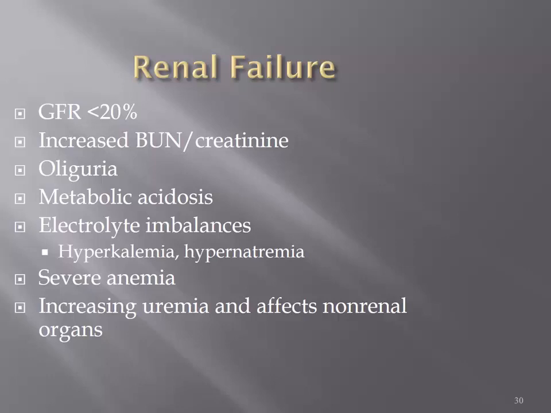Erythropoietin shots, subcutaneous shots, will be very, very helpful to the patient, and uremia may affect non-renal organs. So renal disorders can be very debilitating and impair the quality of life of the patient, and again, this may result in complex disorders and diseases affecting multiple organs.